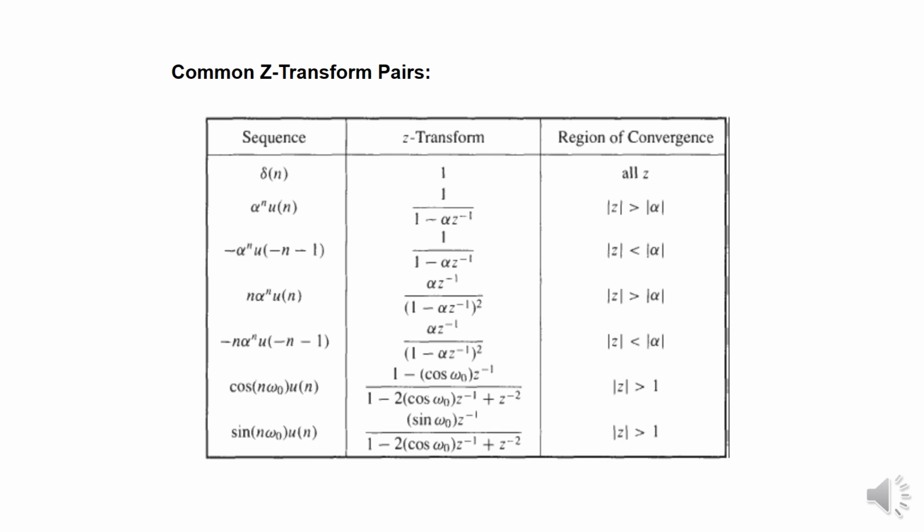So when you are doing the Z transform or the inverse Z transform, you are not going to prove that again and again. We can use what we have written here. These tables can be used when you are finding the Z transform or inverse Z transform.